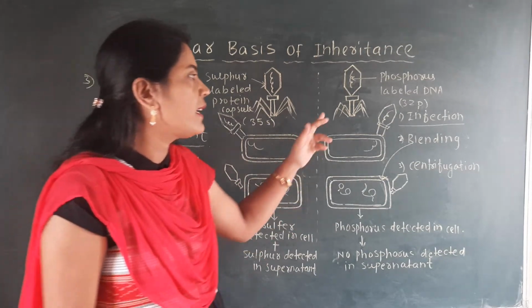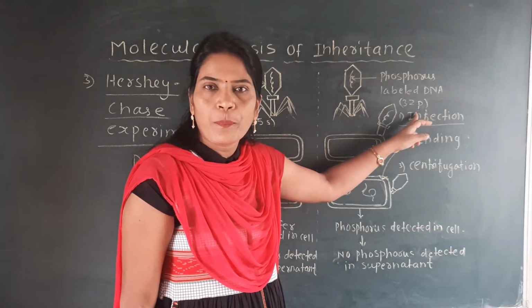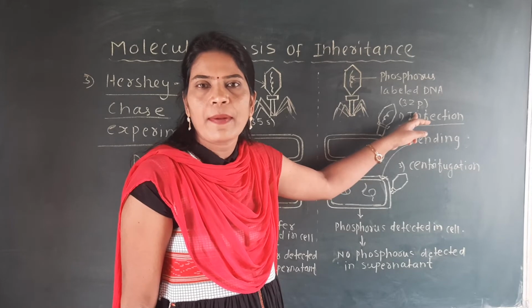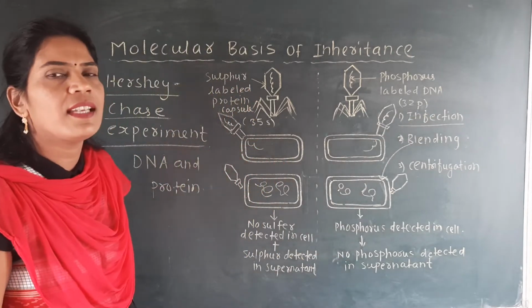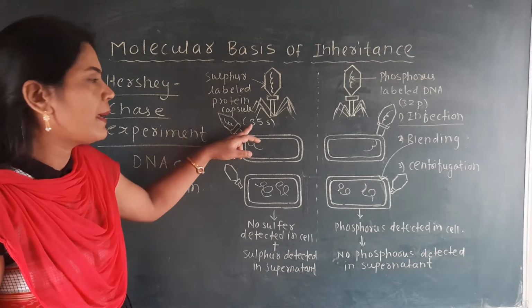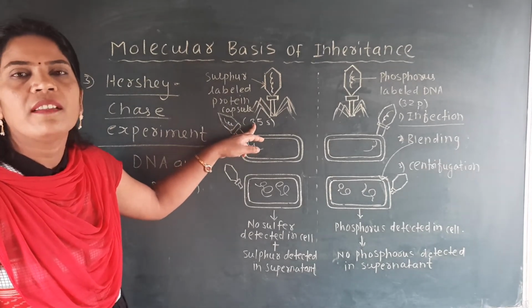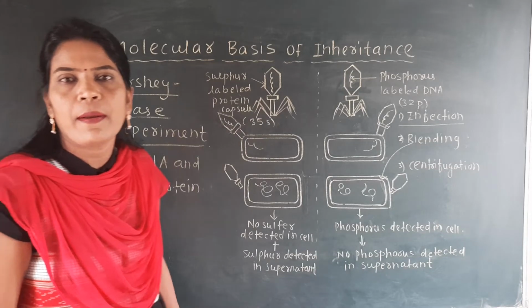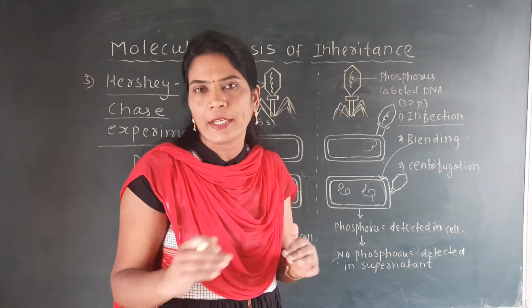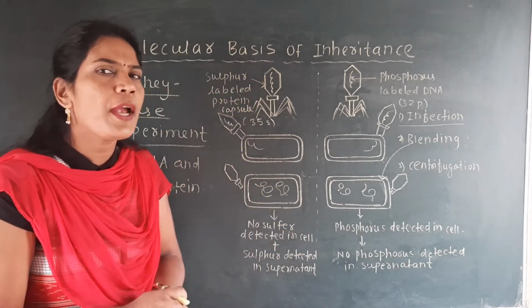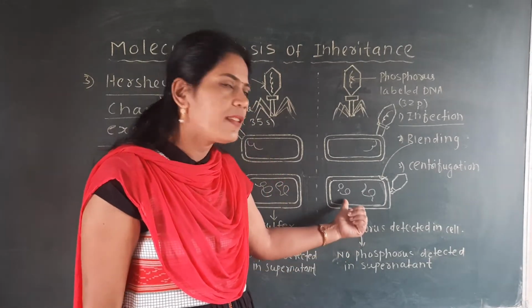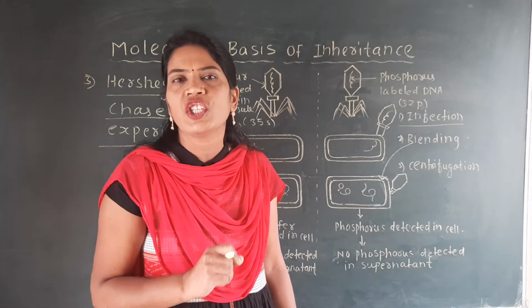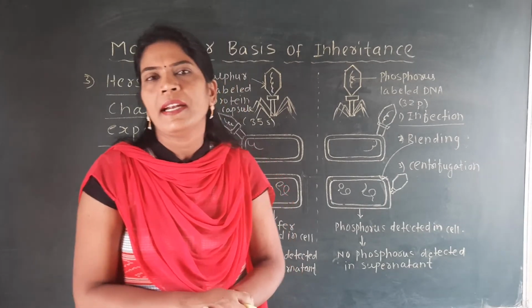One bacteriophage he has grown in a phosphorus medium, that phosphorus is labeled as 32P radioactive phosphorus, while some viruses he has grown in a medium labeled with sulfur, that is 35S sulfur, which is radioactive. Why is it radioactive? If you have to see which material enters the bacterial cell, then radioactivity is very essential. That's why it is labeled with radioactive material.